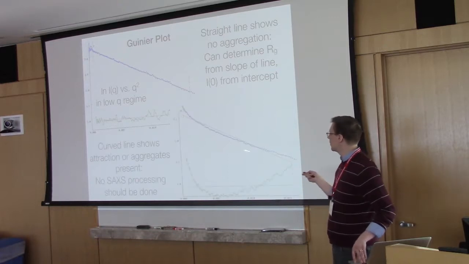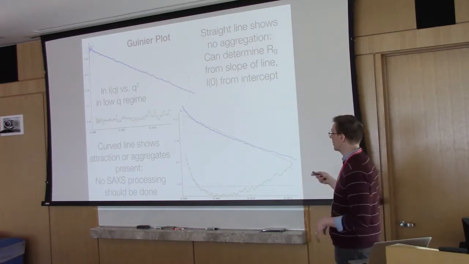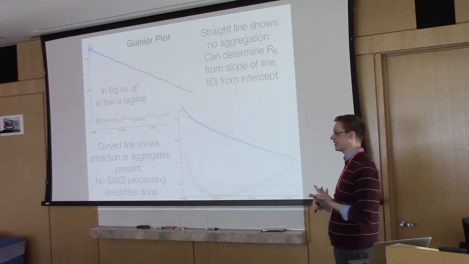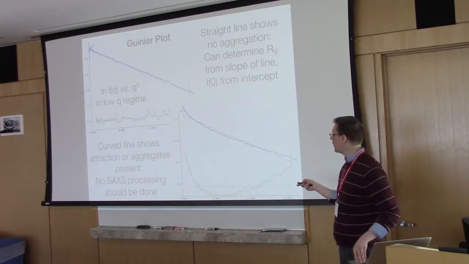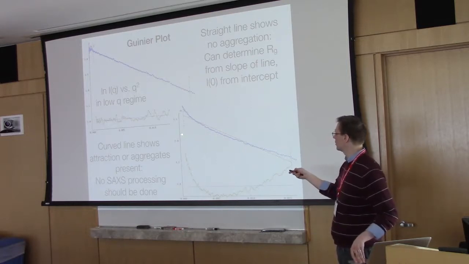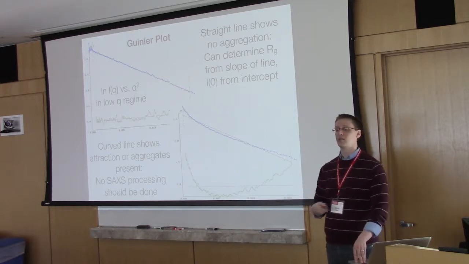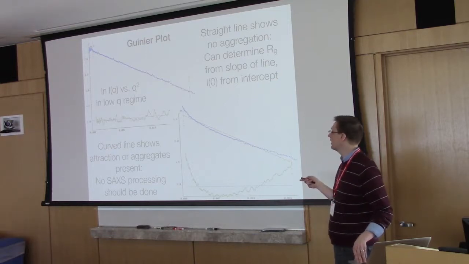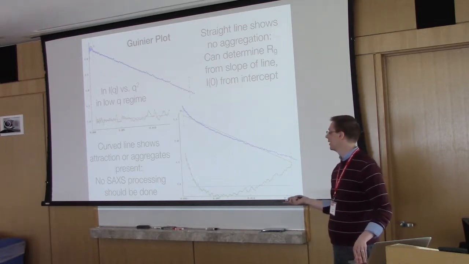However, for something like this, where you have this wide positive curvature, we call it a smile, and the smile tells us that it's attracting to itself and/or there's aggregation in the solution. If you have repulsion, you'd have the opposite. You'd get a frown, and that would tell you that you're getting repulsive effects in your solution. And so if there's aggregation, you're going to get an effective radius of gyration that's larger than what it actually should be.